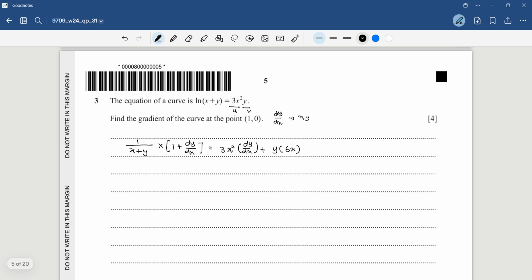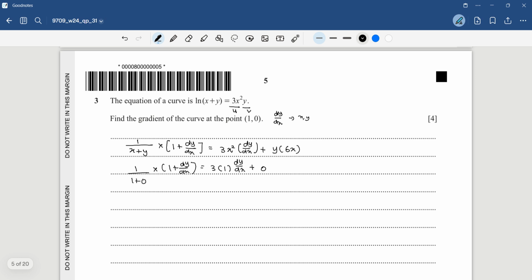Since here they just ask you to find the gradient value, we just directly substitute x and y. So when x equal to 1, y equal to 0. So 1 over 1 plus 0 multiplied with 1 plus dy over dx equal to 3 times 1 times dy over dx plus, and this one will be 0 because y is 0.